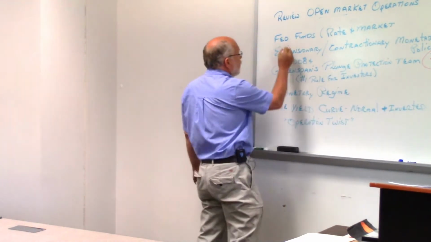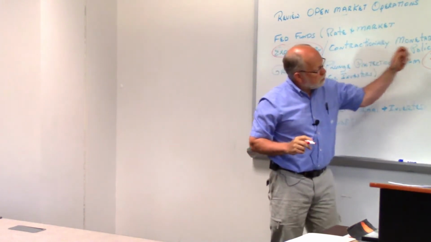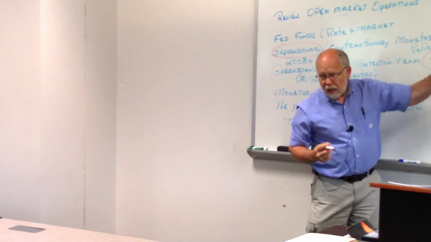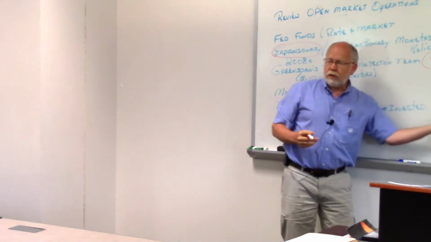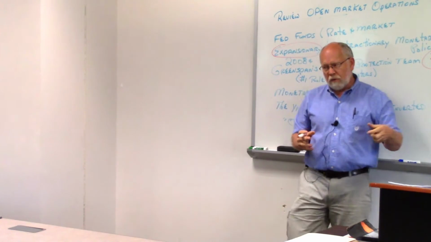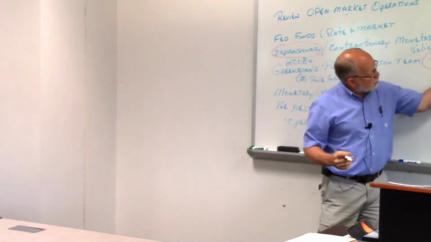So expansionary monetary policy, we expand the economy by pumping money in. The Fed pumps money in by buying an asset which goes into its investment portfolio. And this portfolio keeps getting bigger and bigger as it buys more and more things.